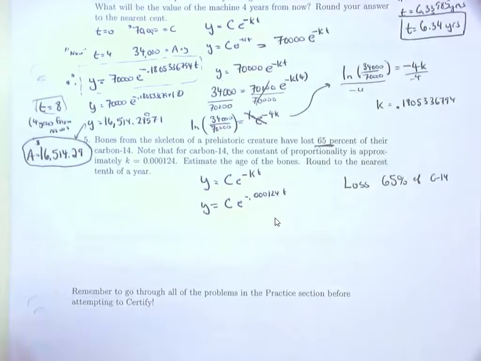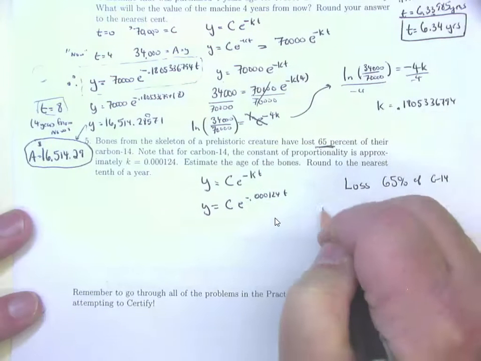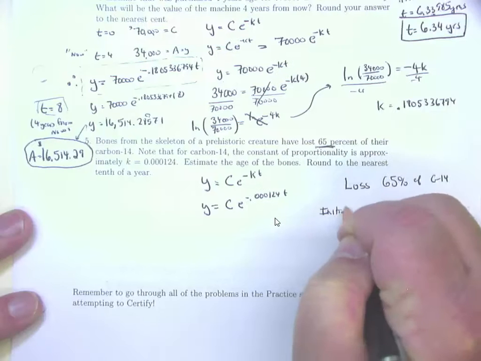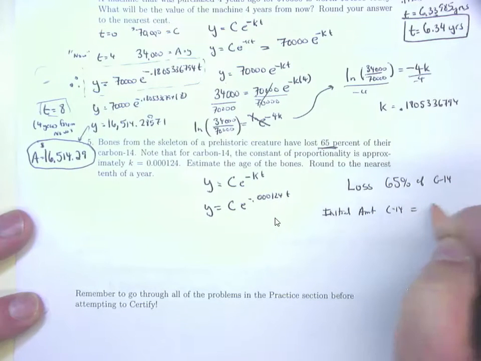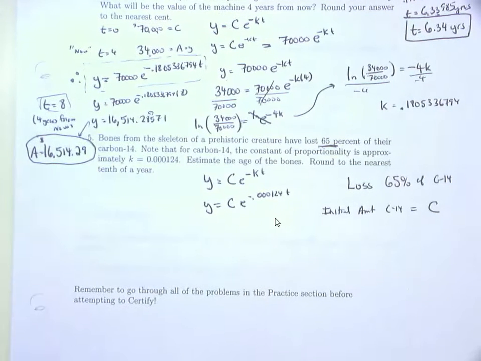Okay? If you lost 65%, so the initial amount, we're going to do this stuff again. The initial amount of C14, we're going to call this C. I don't know how much carbon-14 the bone has. I have actually no idea, but they've told me that it's lost 65%. Pay attention to that. They're throwing a curveball at you guys.